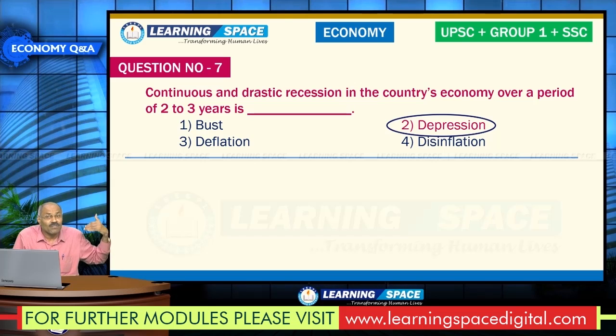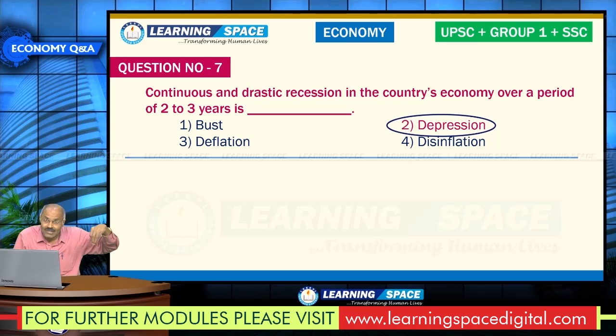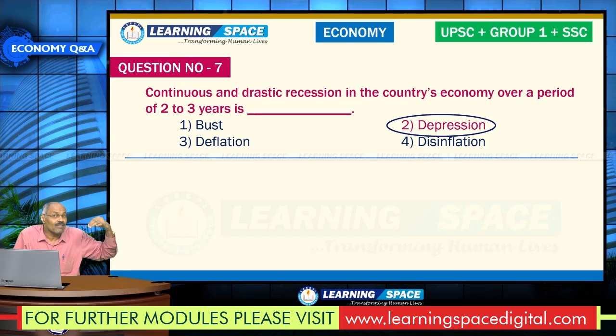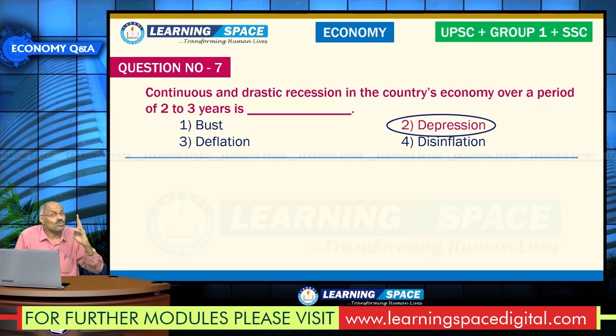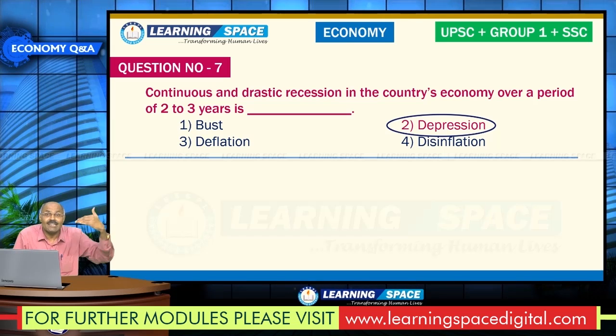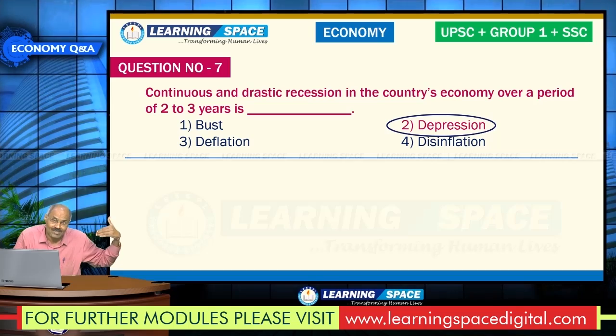So there is a difference between recession and depression. Recession means when the economy records negative growth for 2 successive quarters. And if this continues for almost 2 to 3 years, that is a depression.